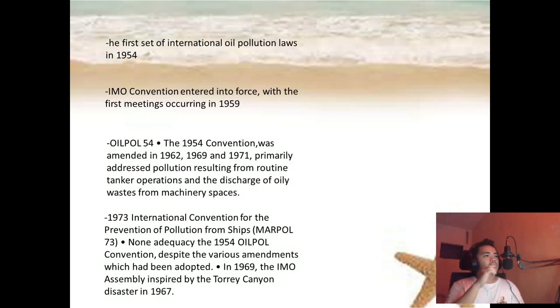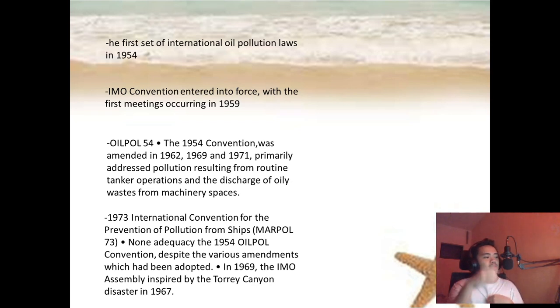The first set of international oil pollution laws was in 1954. The IMO convention entered into force with the first meeting occurring in 1959. The 1954 convention was amended in 1962, 1969, and 1971, primarily to address pollution resulting from routine tanker operation and discharge of oil waste from machinery spaces.